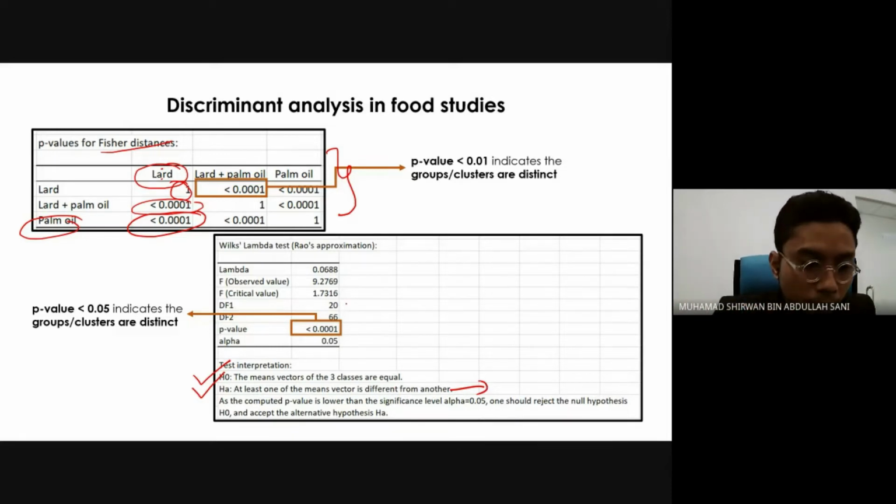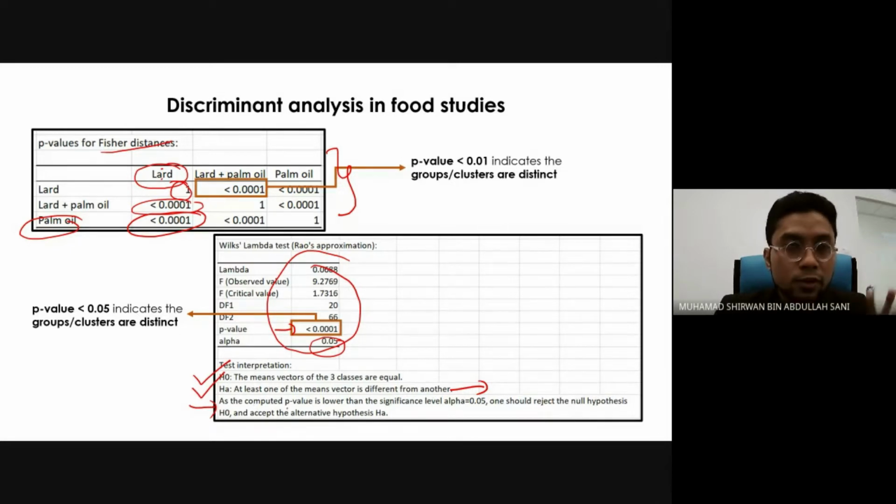Okay. So now you can see the XLSTAT carries out the calculation. From this calculation, they calculate the p-value. But this one, the p-value that we have set is 0.05, but the p-value that the discriminant model is able to produce is less than 0.001. So look back at the interpretation: as the computed p-value is lower than the significance level 0.05, which is this one, one shall reject the null hypothesis.